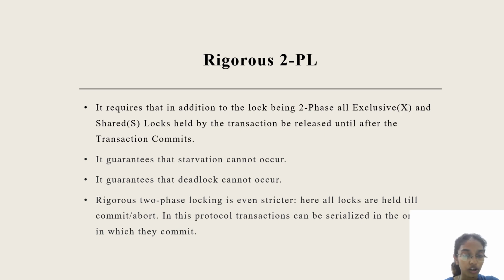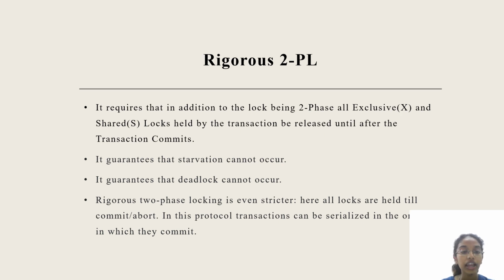Next point: rigorous two-phase locking is even stricter. Here all locks are held till the commit or abort. In this protocol, transactions can be serialized in the order in which they commit. Why should we achieve these guarantees? Let's look at the following rules.